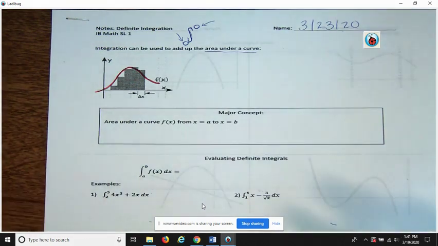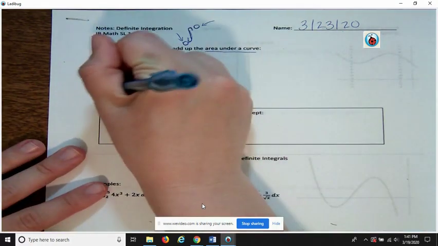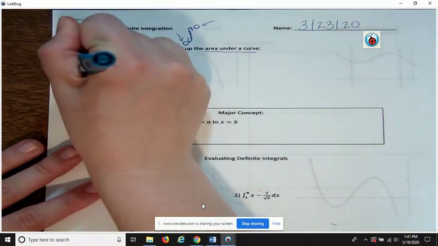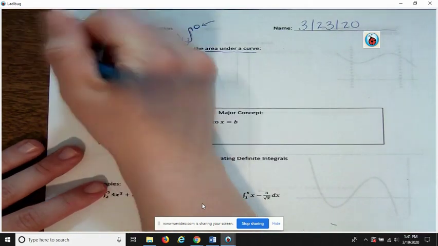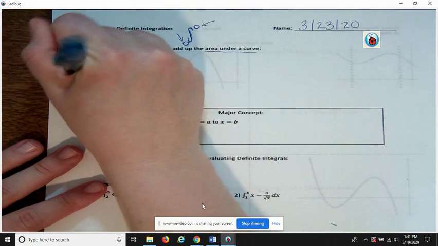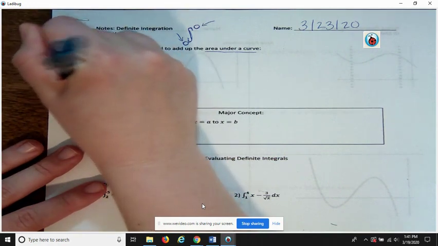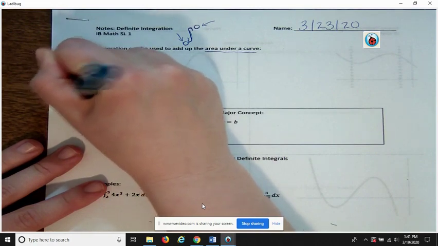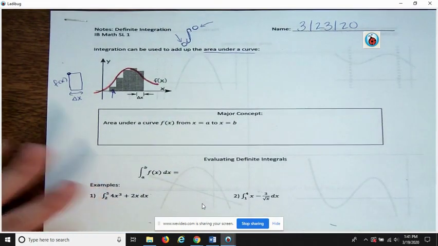And so what we do is we take these rectangles, so these guys right here, and have the rectangles have a height of f of x and a width of change in x. The little delta or triangle means change.